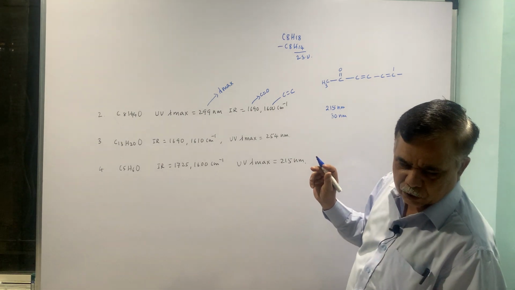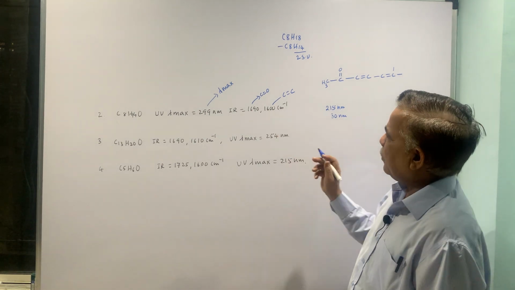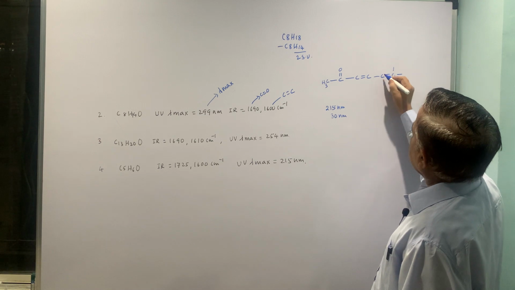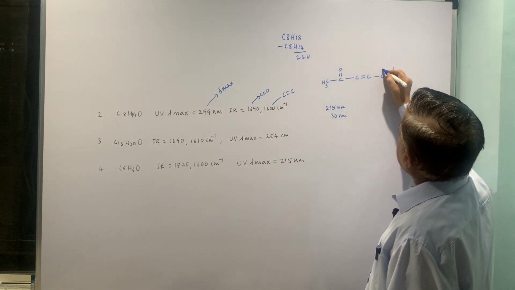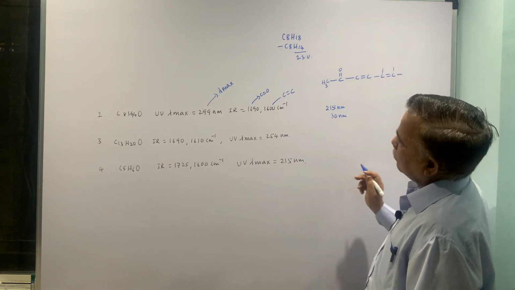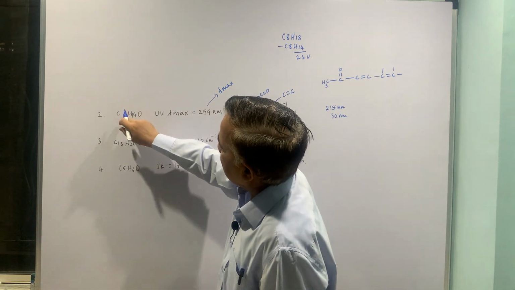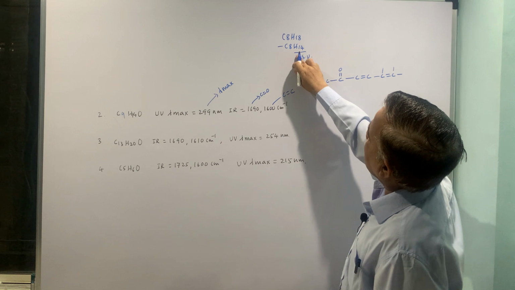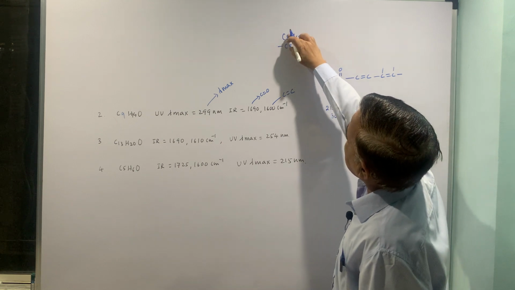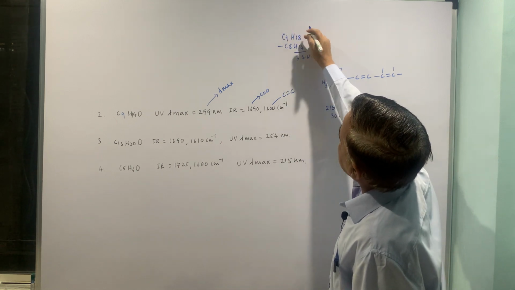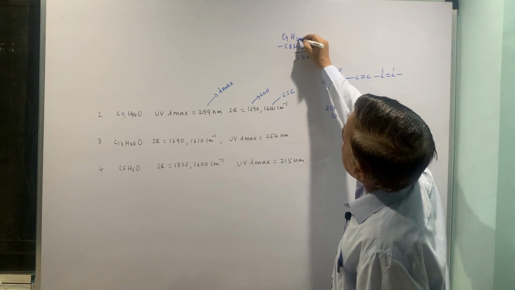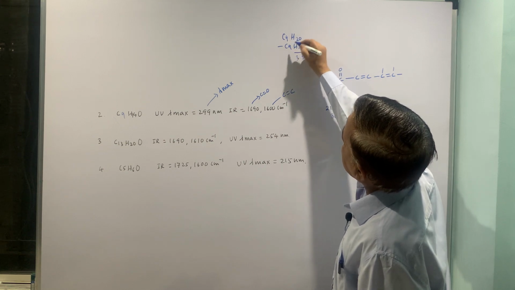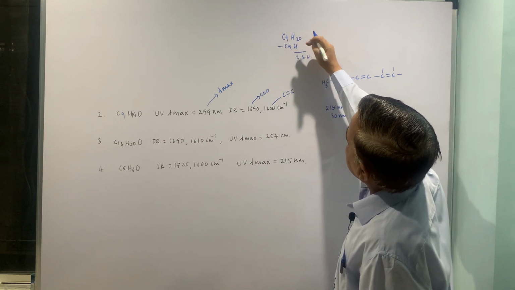Maybe C8H14 or C9H14, I am not very sure, but the structure would be like this. So probably this is C9H14. So three sites of unsaturation, C9H20, where the structure has to be correct.